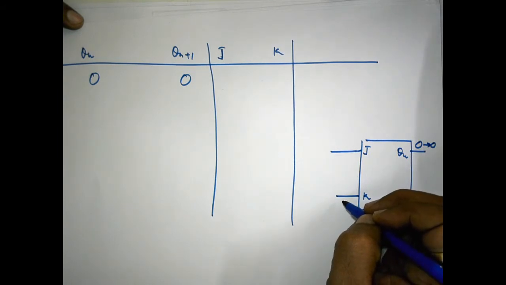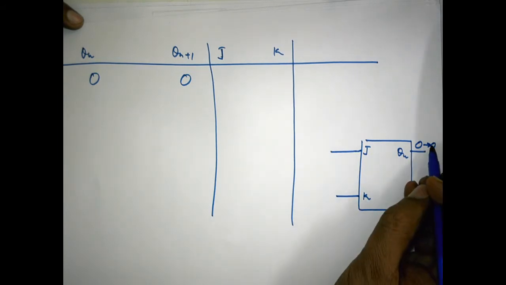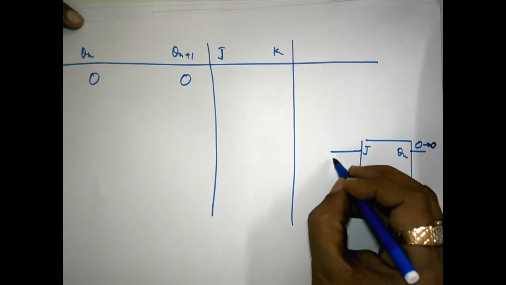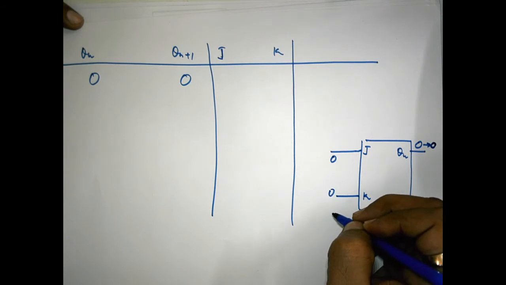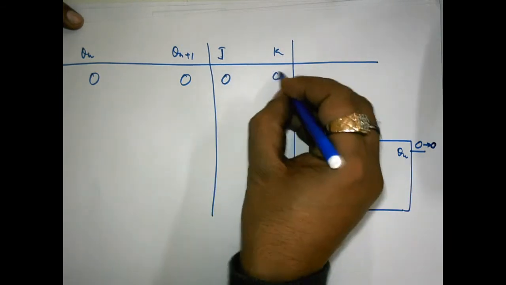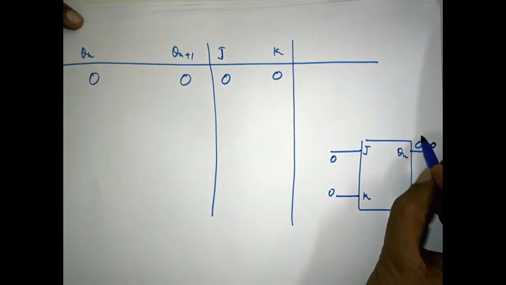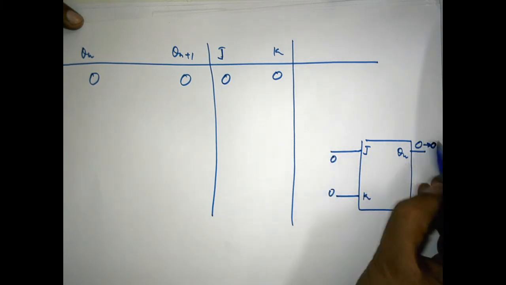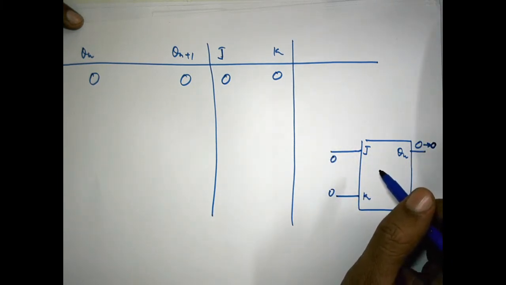This is a no change situation, and to achieve no change we apply 0 0. So 0 0 is one of the possible inputs which fulfill the condition.